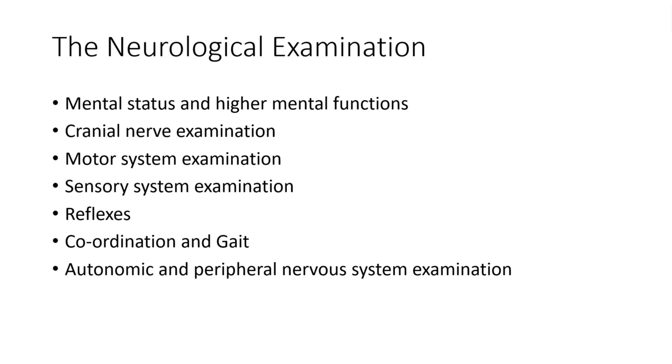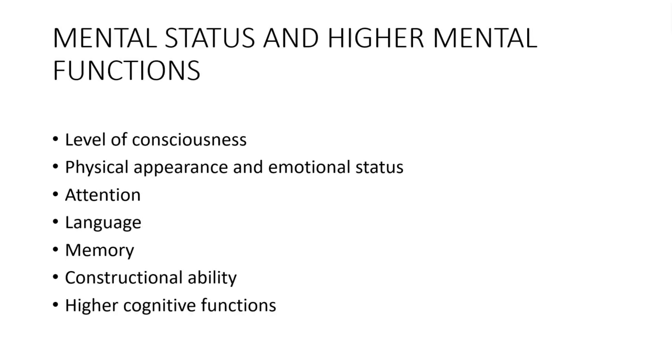Today, we will try to take baby steps into understanding this particular part of the neurological examination by learning about language evaluation. So what exactly is this mental status and higher mental function examination? Under this particular part of the neurological examination, there are multiple domains which are tested.